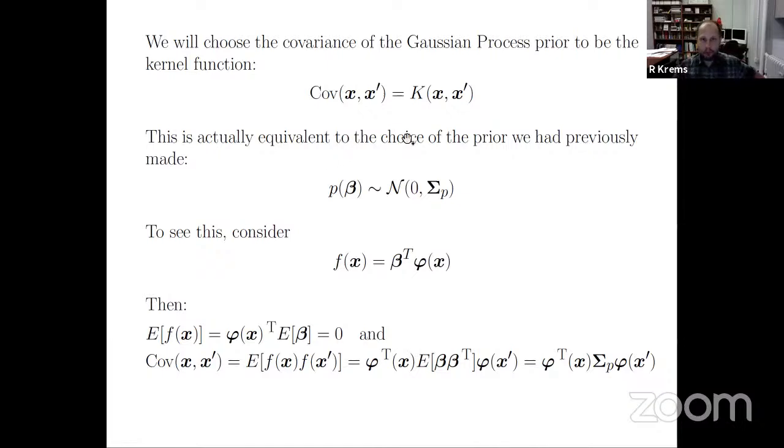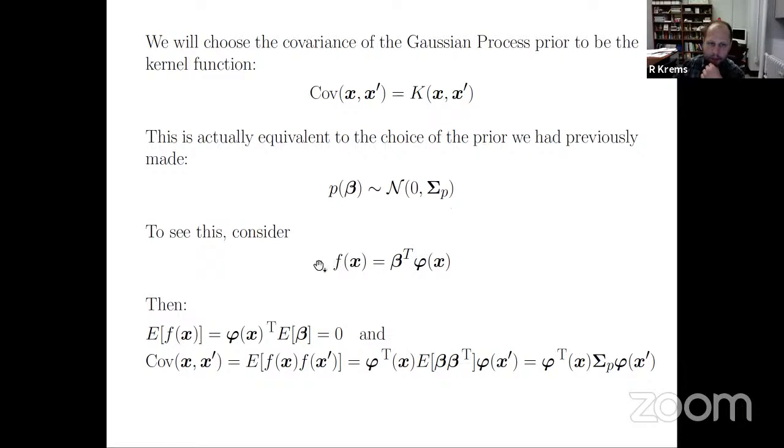And this is actually equivalent to the choice of the prior that we made in this mathematical derivation that we didn't actually go over, but in that derivation we chose the prior over the beta coefficients, those coefficients of the neural network, to be normally distributed with zero mean and some covariance matrix sigma p.